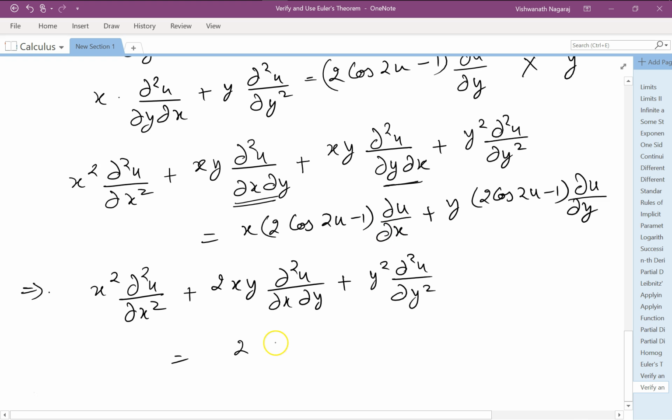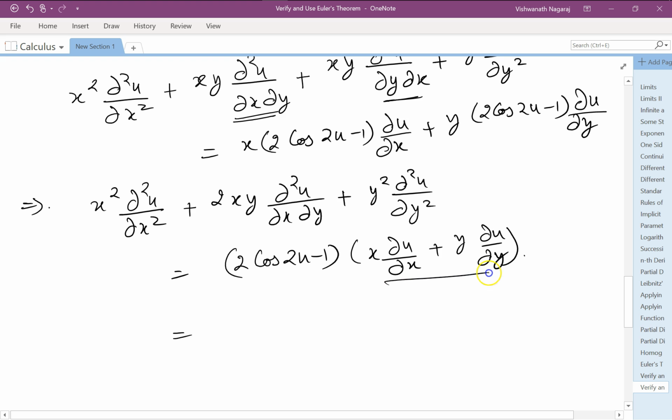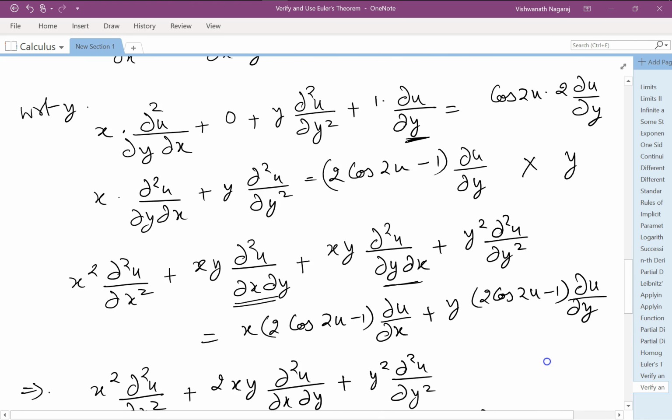So 2 cos 2u minus 1 times x dou u by dou x plus y dou u by dou y. Now we already know that this is equal to what? This is equal to sine 2u. Sine 2u.